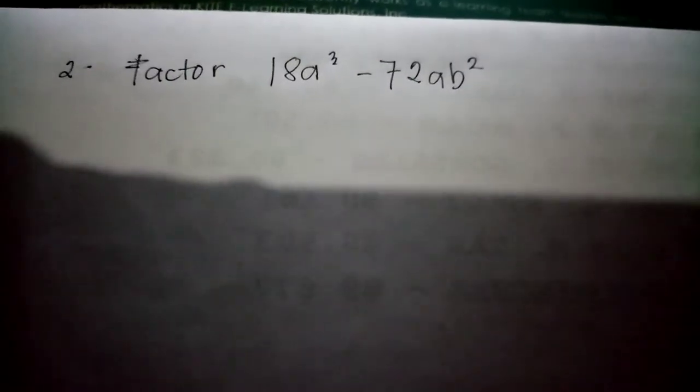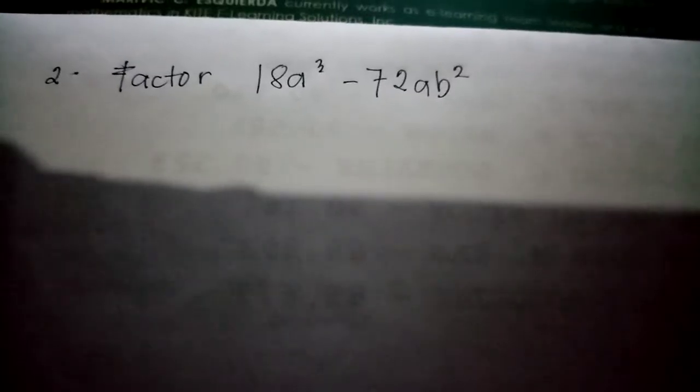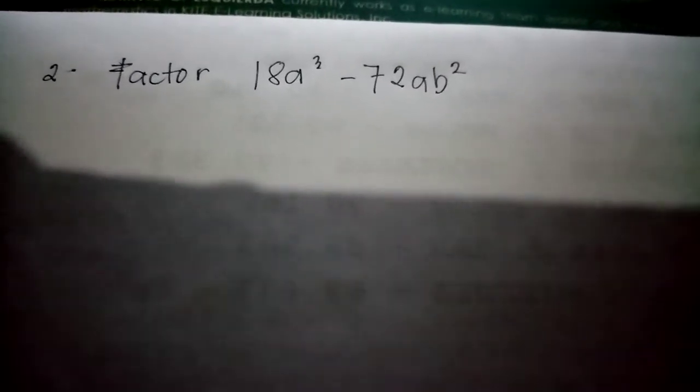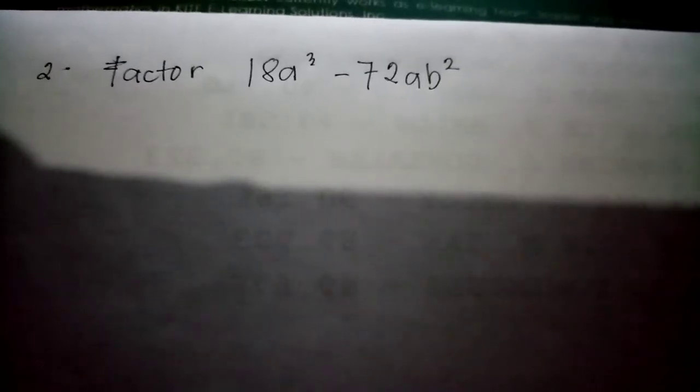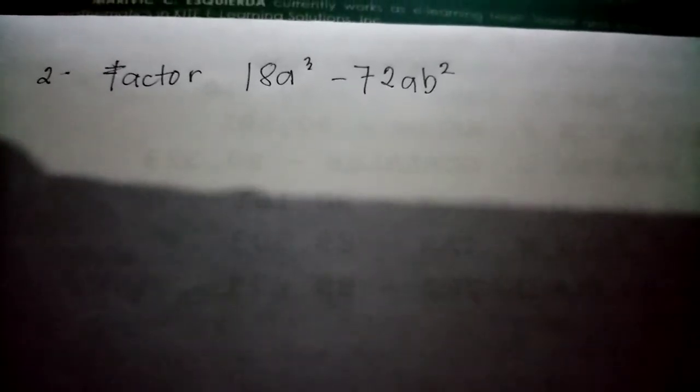Our next example is factor 18a cubed minus 72ab squared, or 72 times a times b squared. As you can see, neither the first nor the second term is a square, but a common monomial factor exists. First, factor out the common monomial factor.